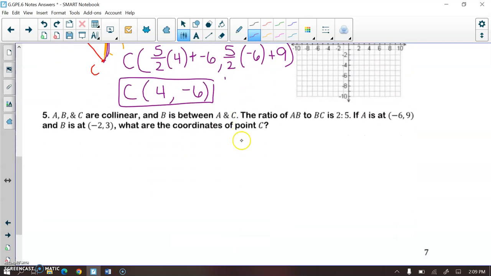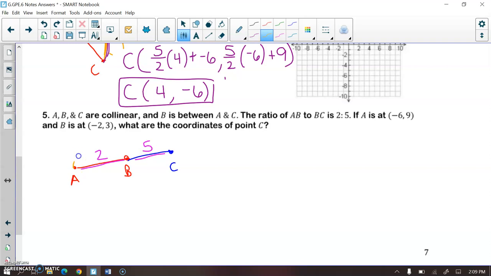So for number 5, same thing. I'm finding a point past the line segment. So I have A and B, and I'm trying to find point C, which is past the line segment, not in between. So I want the ratio of AB to BC to be 2 to 5.